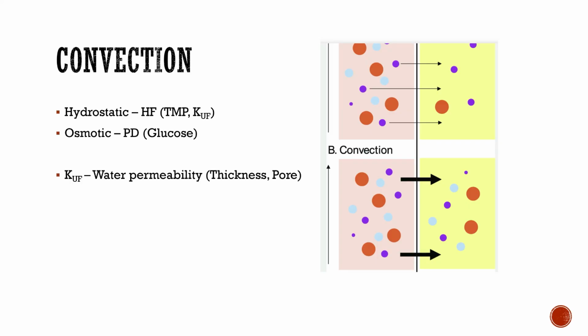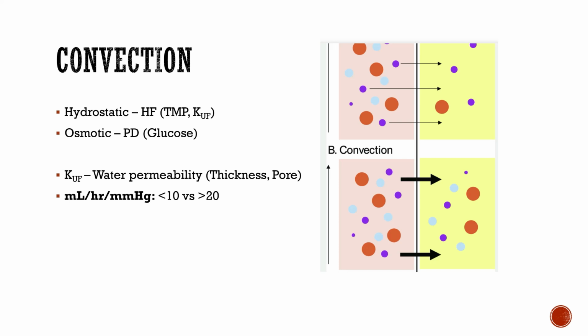This KUF depends on the membrane thickness and the membrane pore size. Low flux dialyzers usually have a lower ultrafiltration coefficient, usually less than 10 milliliters of water transfer per hour per millimeter of mercury of transmembrane pressure applied, whereas high flux dialyzers will have a higher KUF, usually more than 20 ml per hour per millimeter of mercury of TMP applied.